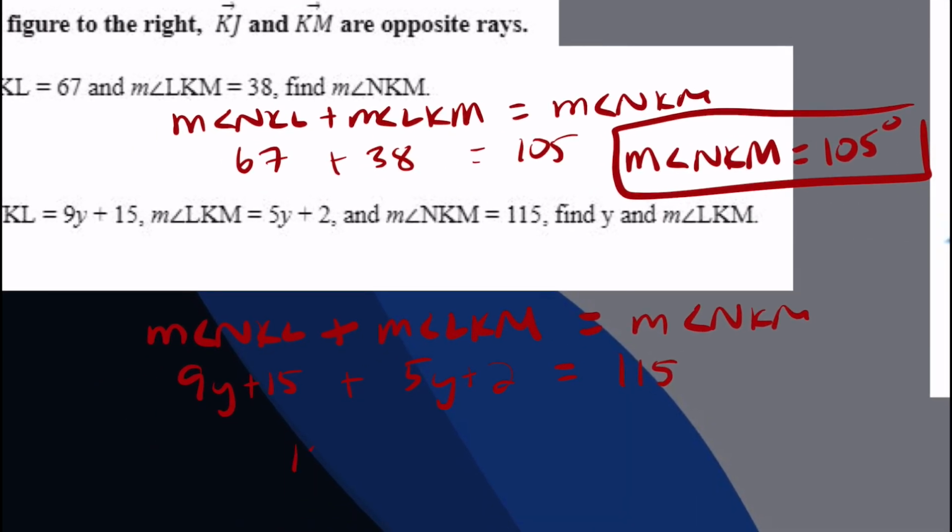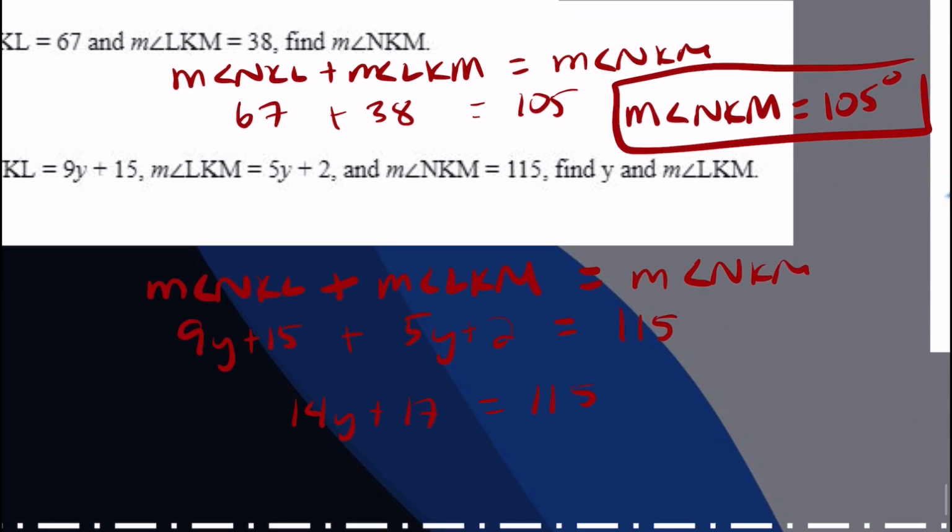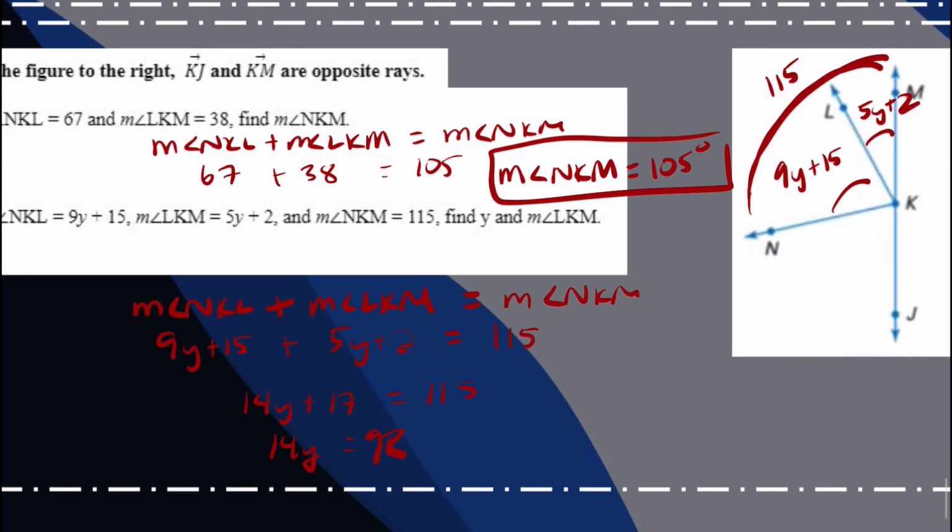So I have 14y plus 17, which is equal to 115. If I subtract both sides by 17, I get 14y equal to 98. Divide both sides by 14, and I get y equals 7. But you're not done yet, because it says find the measure angle LKM.